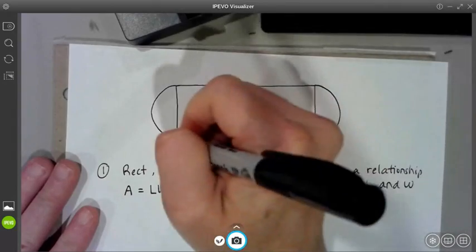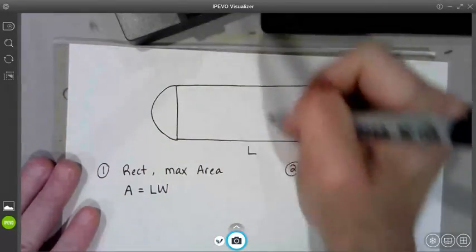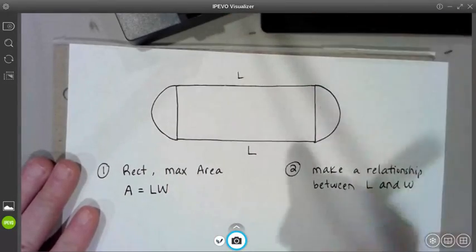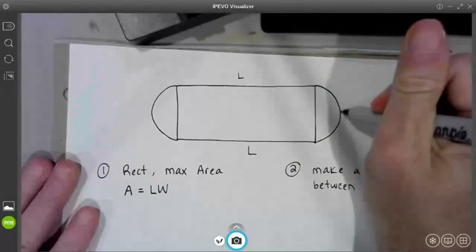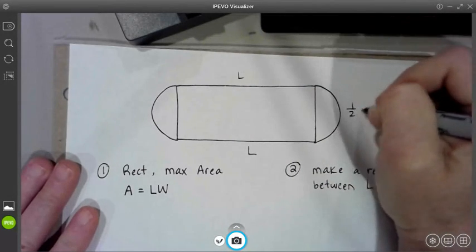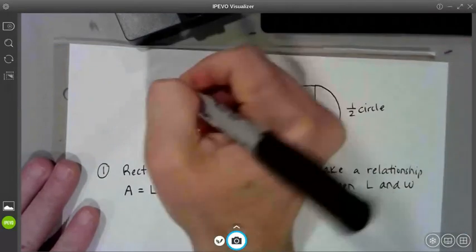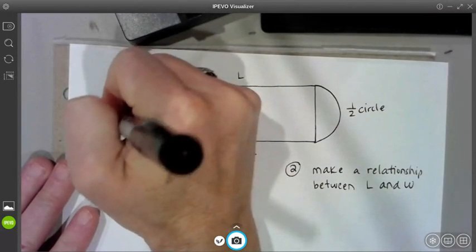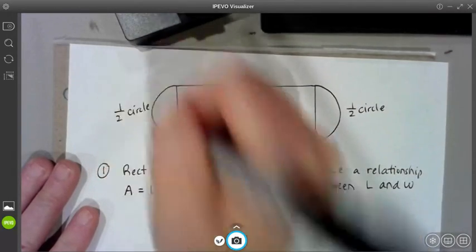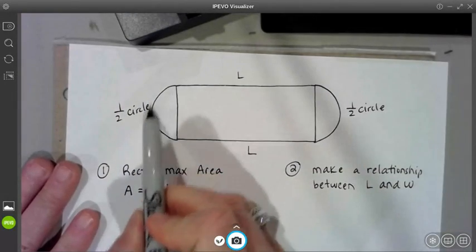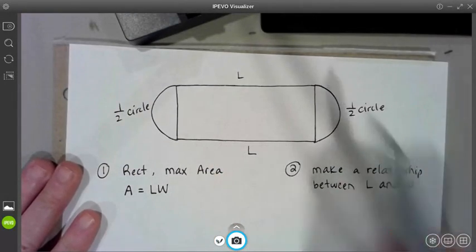Well, I think we'd all agree you'd have to be adding up a length and a length, right? And then you'd be adding up half of a circle, and then half of another circle. And then that would qualify as the perimeter, right? A length plus half a circle plus a length plus half a circle.